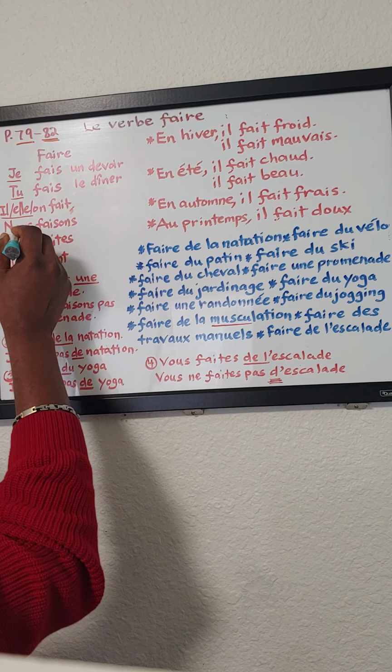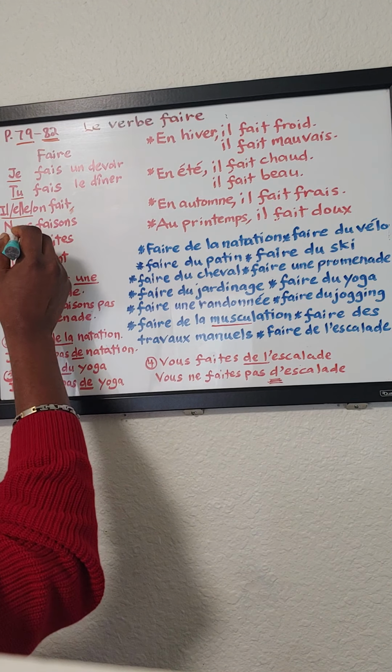Il fait doux. You realize that to talk about the seasons, en is used with hiver. En is used with été. En is used with automne. And then au is used with printemps, simply because hiver has a silent H, followed by a vowel.